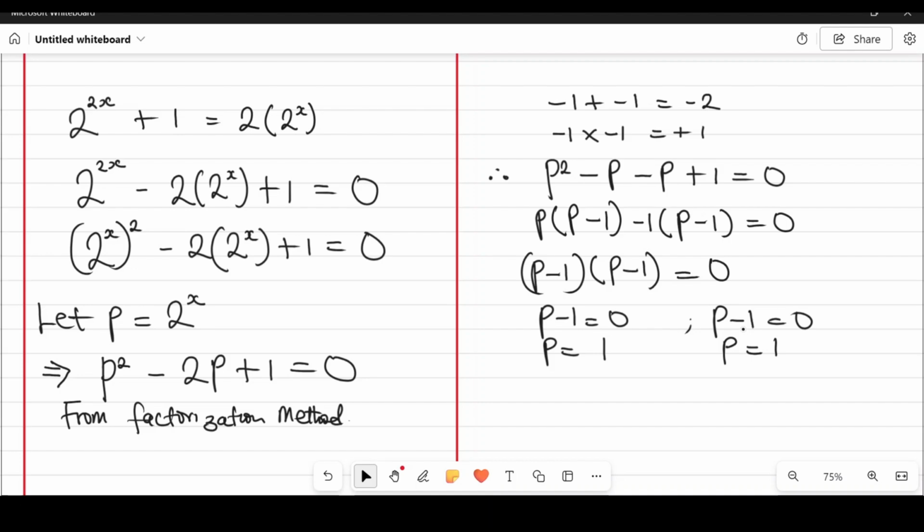But we remember that we made a very important substitution where we said that p is equal to 2 to the power of x. So at this point, we can now substitute to get the value of x. Therefore, I will have 1 equal to 2 raised to the power of x.